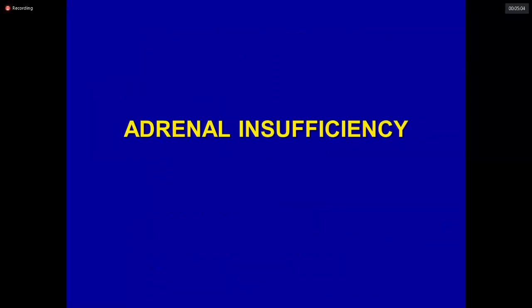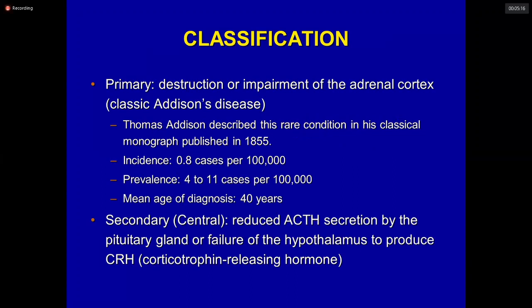Now, going to the other extreme, which is adrenal insufficiency, which is when we don't have enough of the cortisol, basically. It is primary when we have destruction of the adrenal cortex. And that's the classic Addison described by the doctor Addison in 1855.